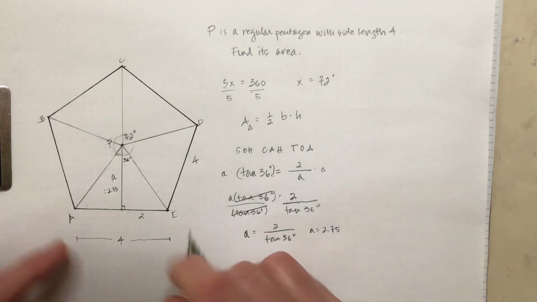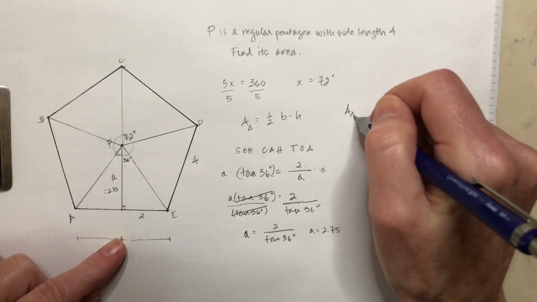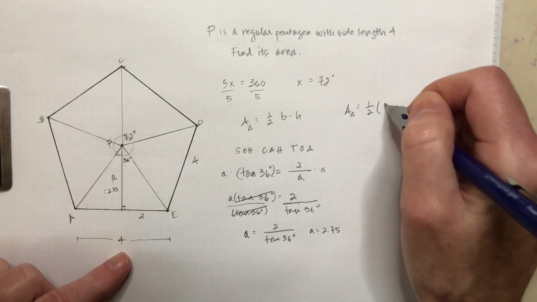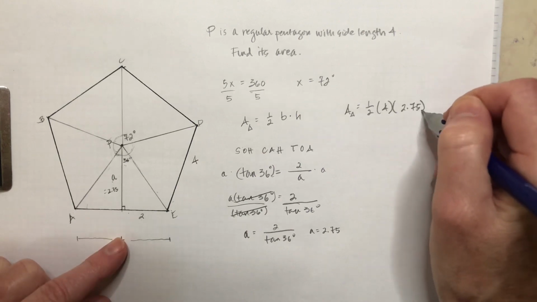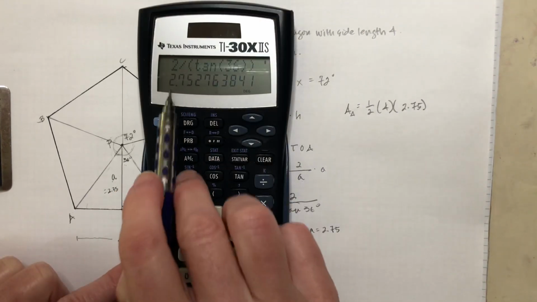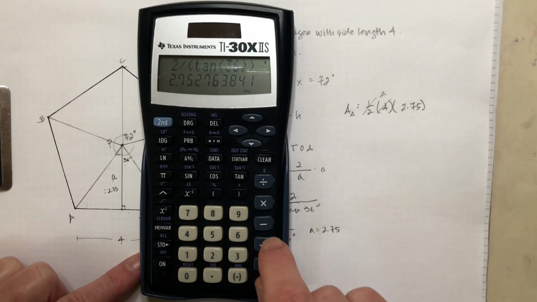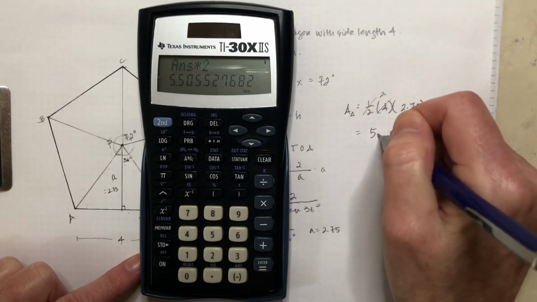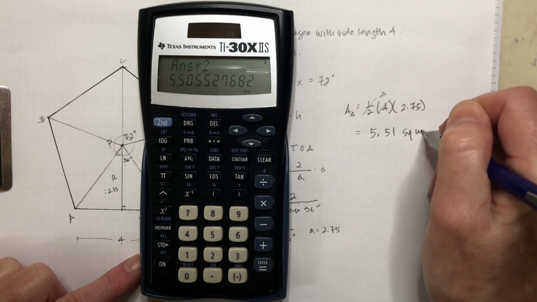Now for the area of this triangle, we can say area equals 1/2 the base, which is 4, times the height, 2.75. Leave that in the calculator. 1/2 times the 4 gives us 2, so 2.75 times 2 gives us 5.51 square units.